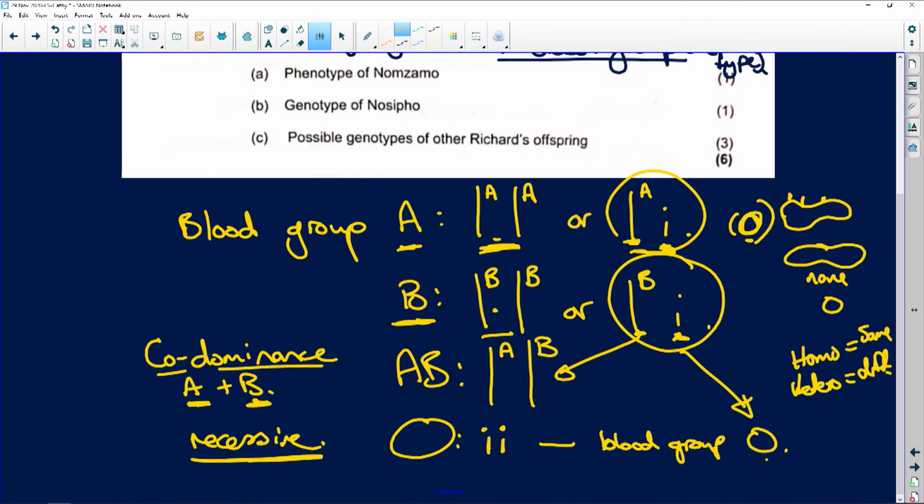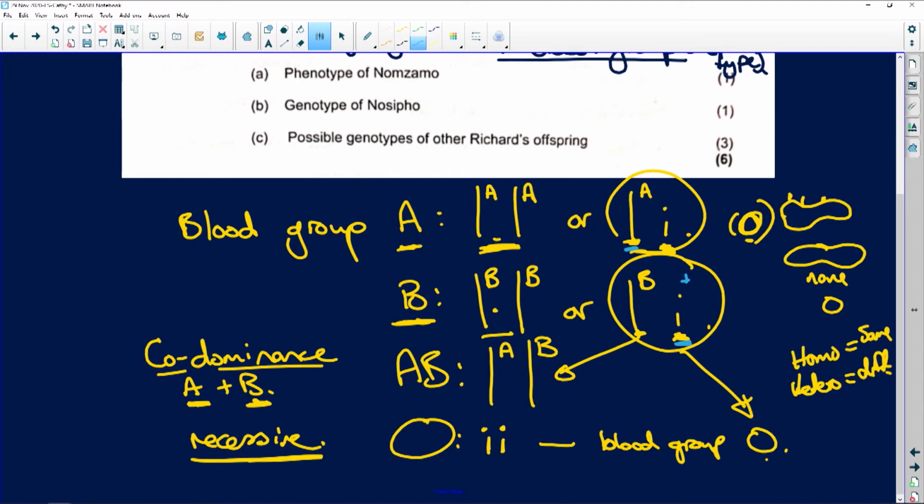So when you have heterozygous blood group A and heterozygous blood group B and they have a baby, their children can be any one of the blood groups. They can end up with a baby with blood group A or B or AB or O. Look, blood group A, this one plus this one.